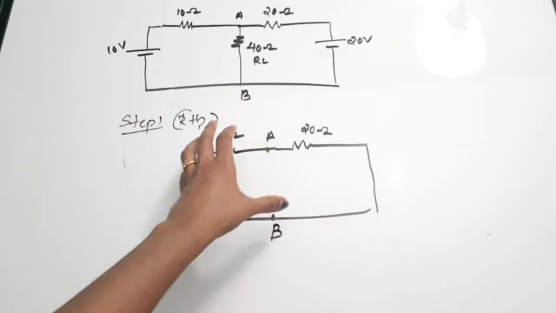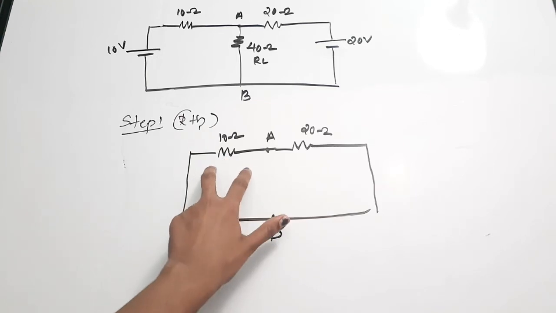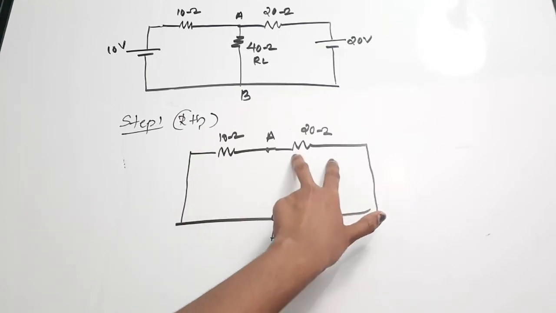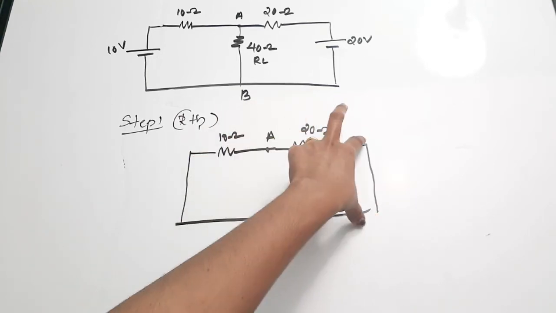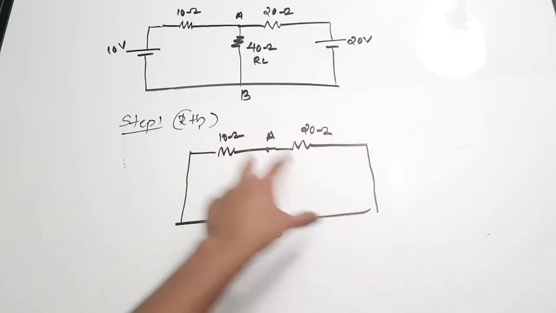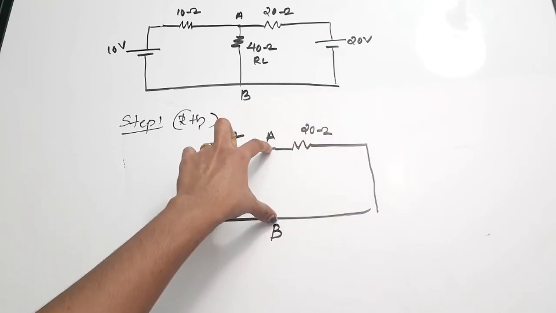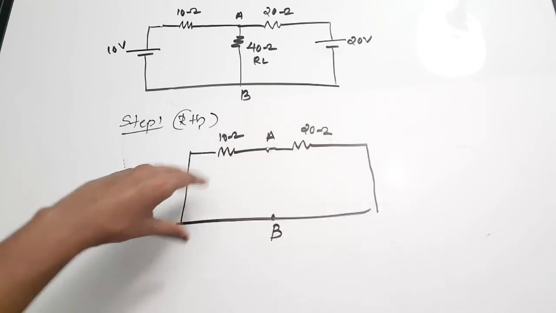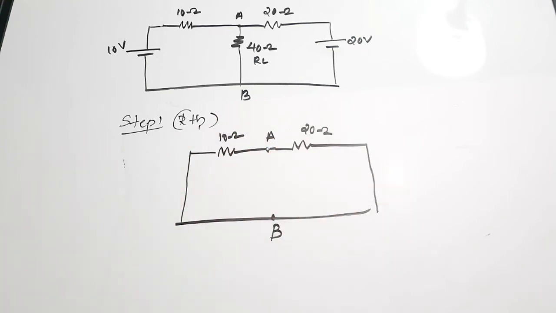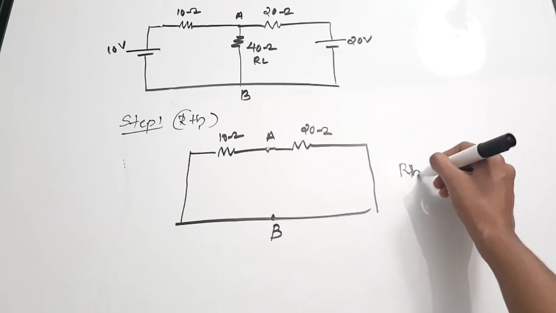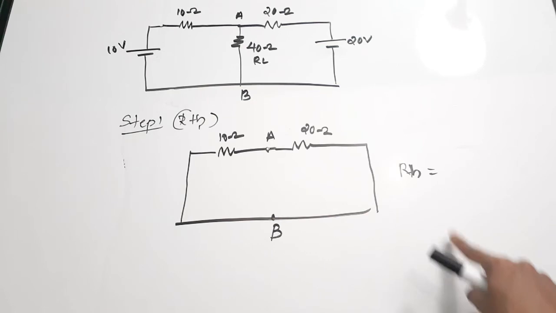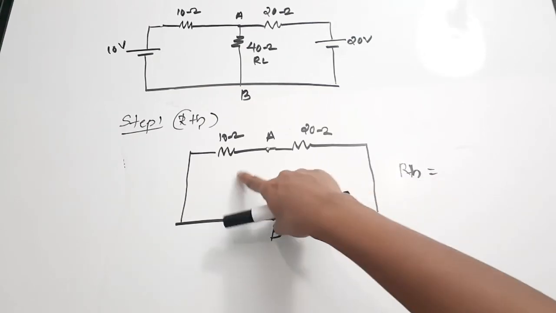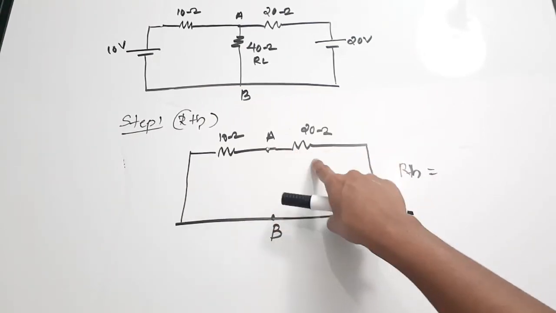Now what is the connection between 10 ohm and 20 ohm? If AB was here, it would have been a series connection. But we are going to find the equivalent resistance across this point, so it will actually come as parallel with this 10 ohm. So RTH is the parallel between 10 ohm and 20 ohm.